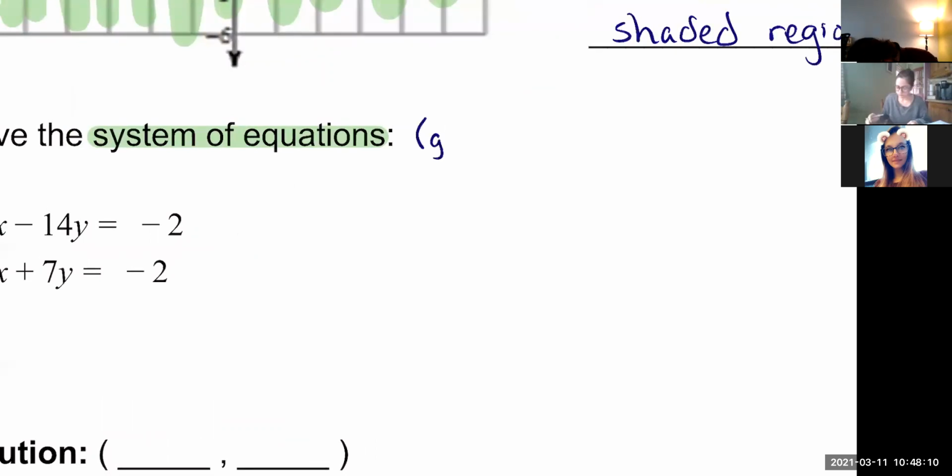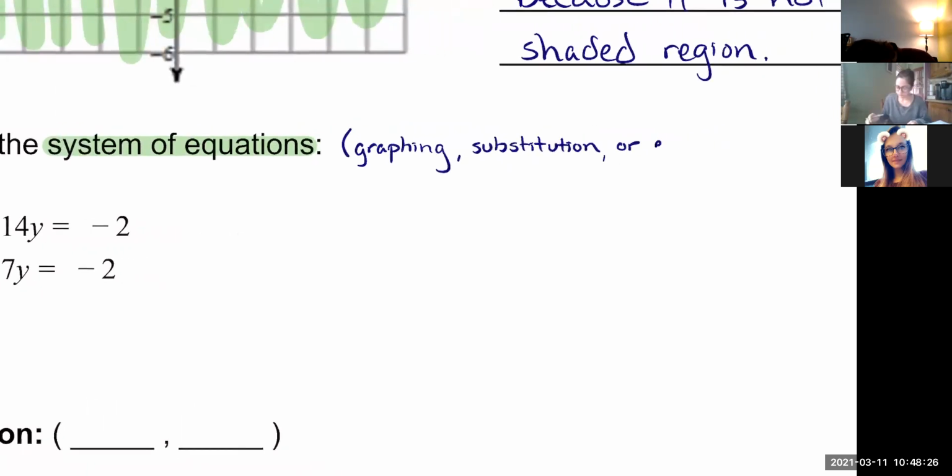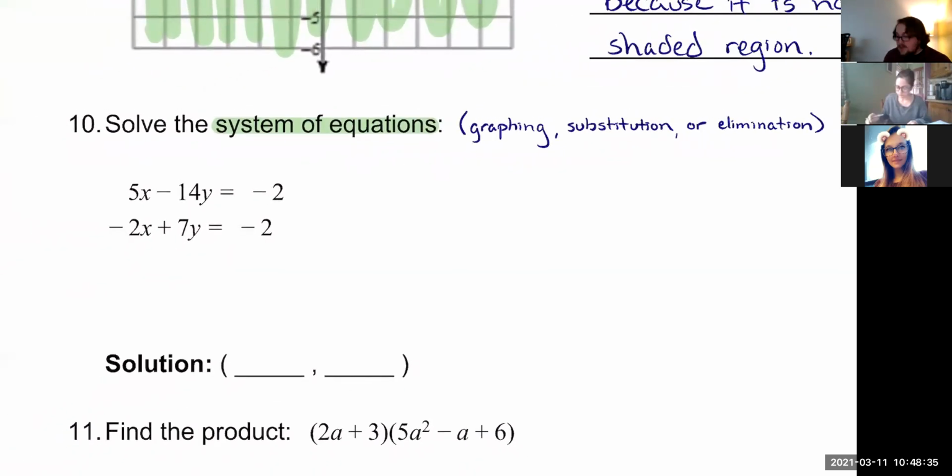And they are graphing, substitution, or elimination. Now, technically, all 3 could be used on any system of equations and theoretically would work.